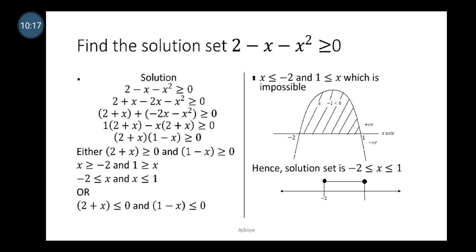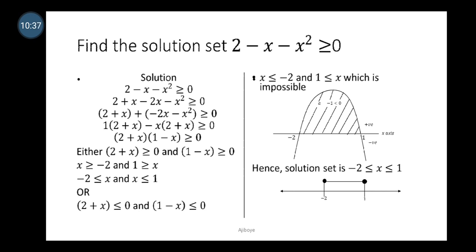And then the graph is cutting the x-axis at -2 and 1, which implies the zeros. Now the quadratic inequality is asking you to find the values for which that graph is positive, and we have stated that above the x-axis are positives.